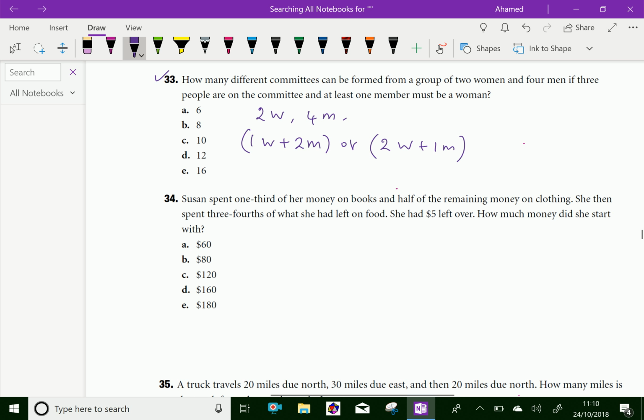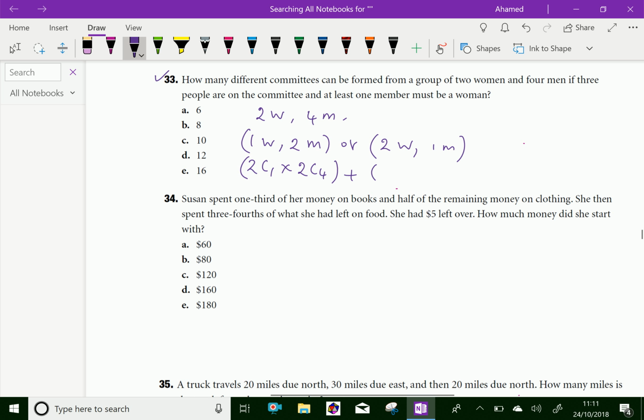Here first, 1 woman can be selected in 2C1, and 2 men can be selected out of 4 men, that is 4C2, which is the first chance.